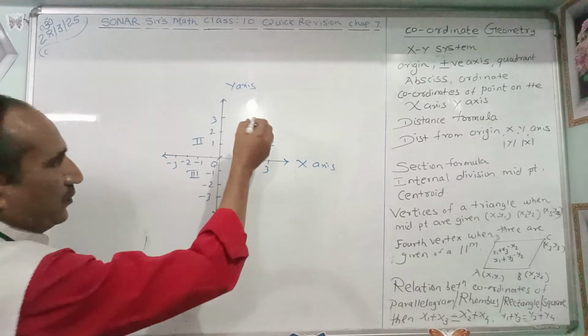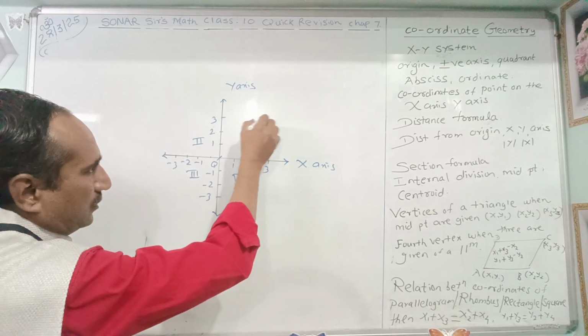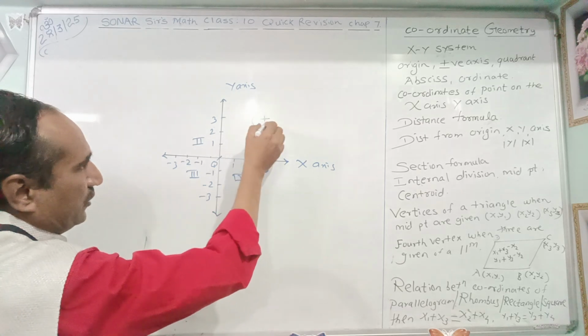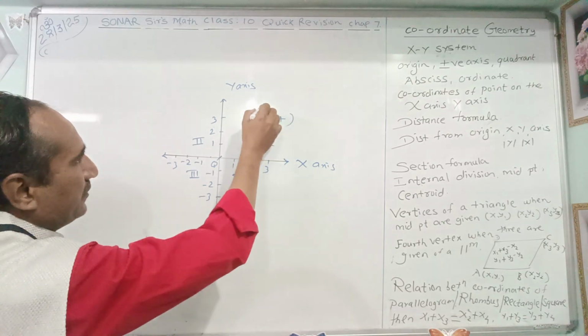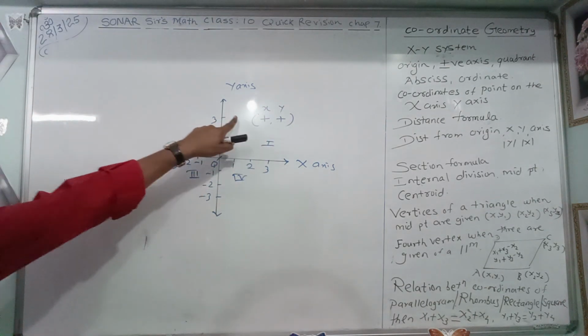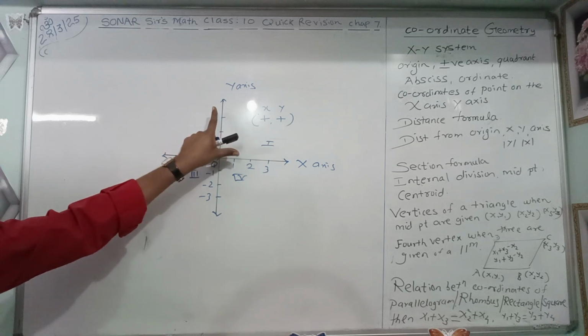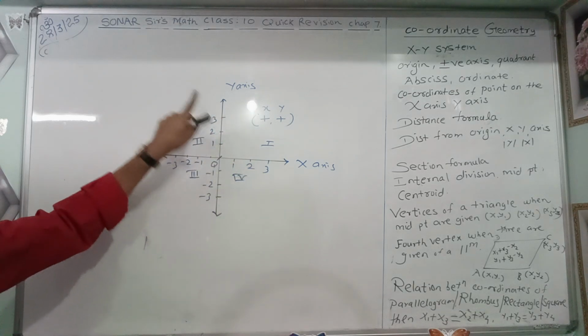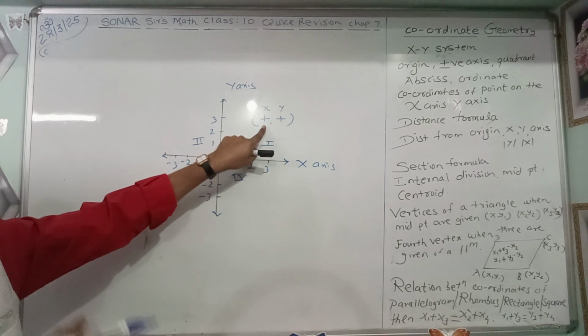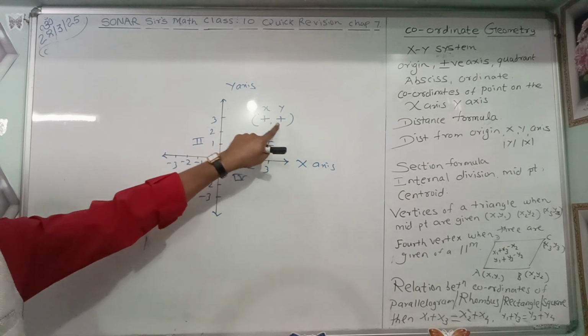The coordinates of the first quadrant are denoted by both positive signs. The x and y coordinates of any point which lies in the first quadrant, as it is included between the positive directions of the x and y axes, have signs plus plus.